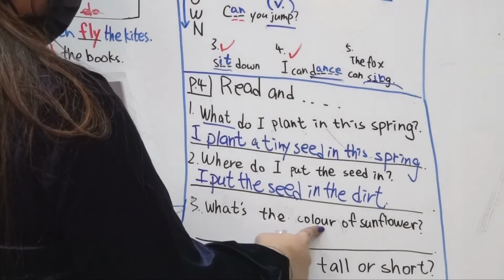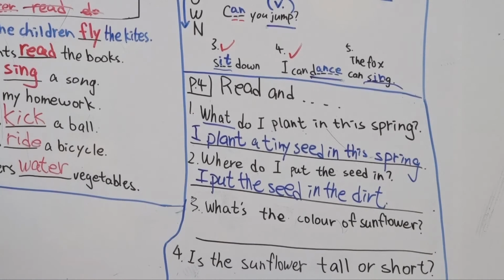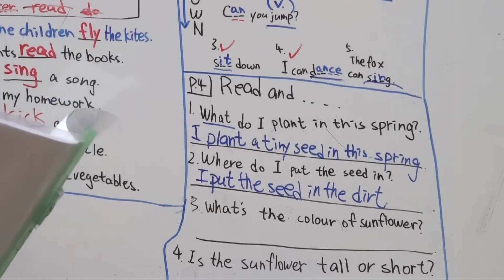What's the color of sunflower? Now you tell me what's the color of sunflower. Tell me in 30 seconds. Come on. Your turn. 30 seconds starts now.